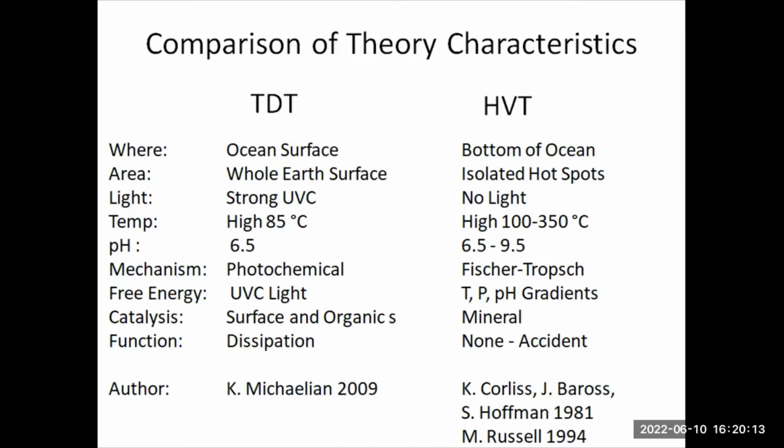The mechanism for the synthesis of the molecules, in our case, is photochemical, whereas in the hydrothermal vent theory it's known as Fischer-Tropsch. I'll explain what Fischer-Tropsch is in the following slides, but basically it has to do with pressure and temperature, pressures being very great, maybe as great as 1,000 atmospheres at those depths, and the temperatures coming out of the hydrothermal vents.